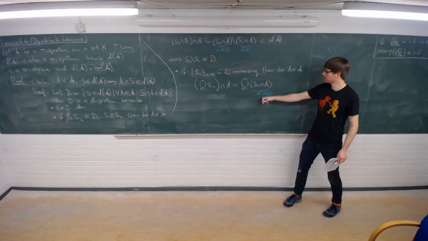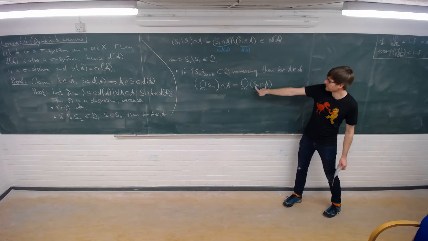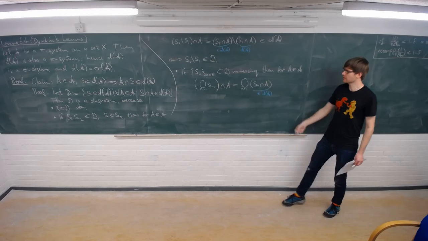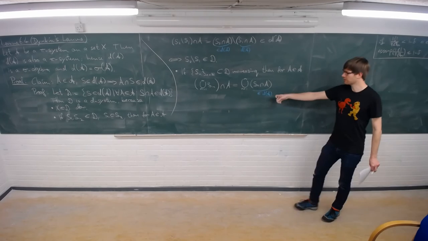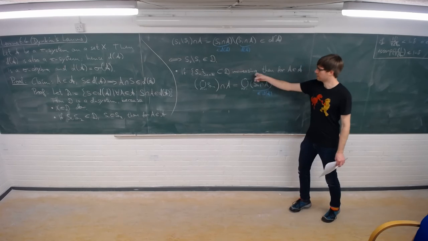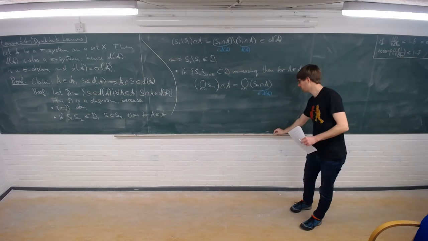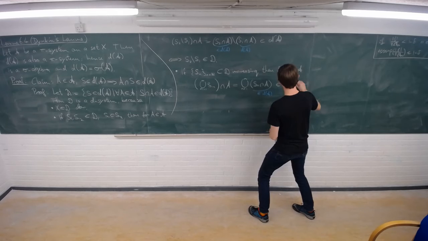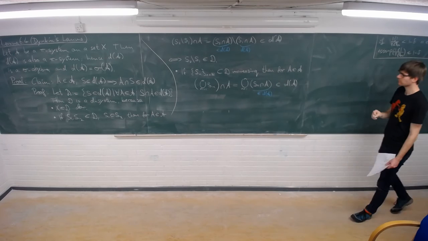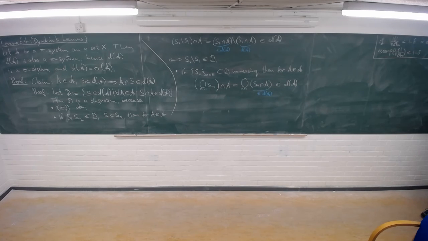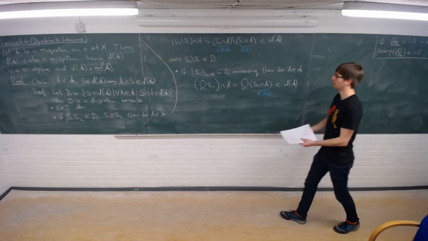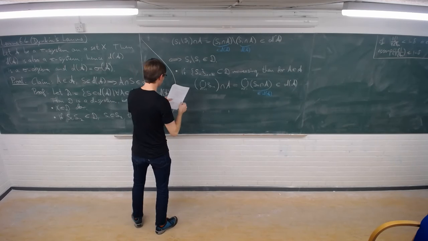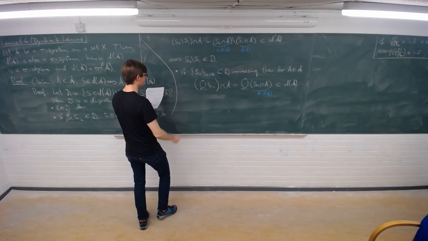So all of these are in D(𝒜), and the sequence of these intersections is still an increasing sequence of sets. So because D(𝒜) is a D system, this union is in D(𝒜) again. Okay, so this proves the third property of D systems. So we've shown that D is a D system.